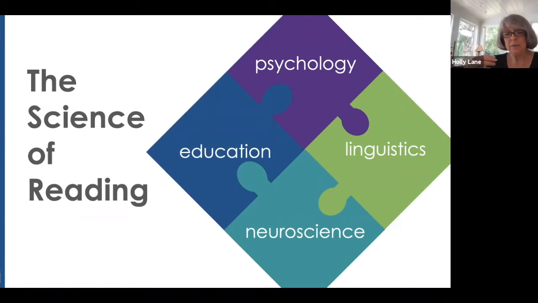And the evidence comes from a variety of fields, in particular, the four that are listed here. We're most familiar with education, but psychology and linguistics in particular give us a lot of information that's important to incorporate as teachers. And then neuroscience is less directly related, but it also gives us some really important background information about how we need to be teaching reading. So when we say the science of reading, this is what we mean.